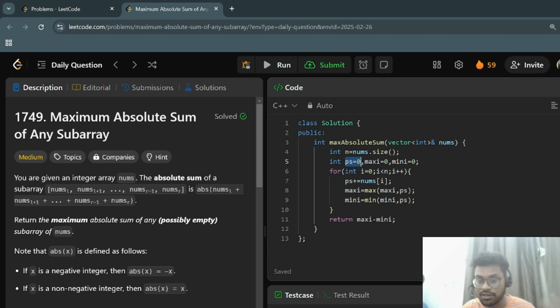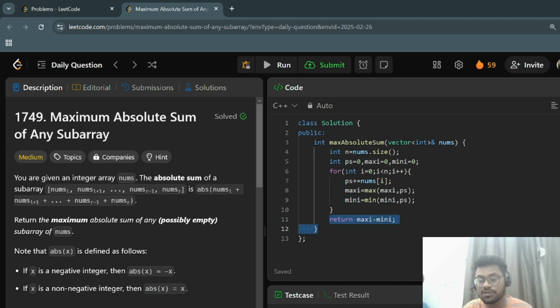Maxi holds the maximum value of the peak element, mini holds the minimum of the bottom element. I'm iterating through the array and maintaining a prefix sum. If the prefix sum is positive and more than the previous max element, then maxi will be updated, or else if it is a minimum element, mini will be updated.